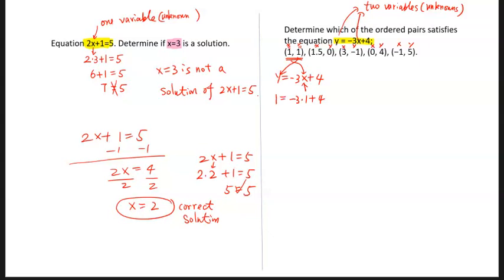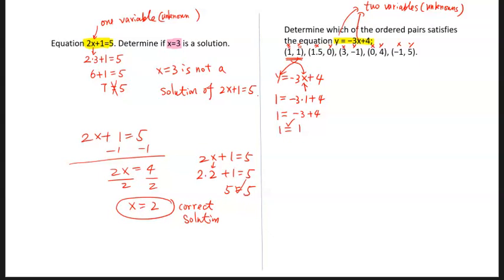Now the left-hand side is a single number, so I'm just going to bring it down. The right-hand side, we can simplify. Negative 3 times 1 is negative 3, plus 4, and negative 3 plus 4 is equal to 1. So that tells me after I plug 1 for x and 1 for y into the equation, I did have an identity, which means the left-hand side equals the right-hand side.